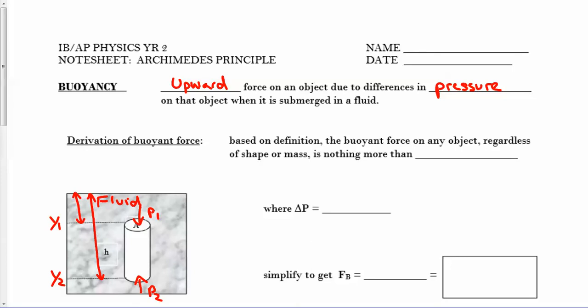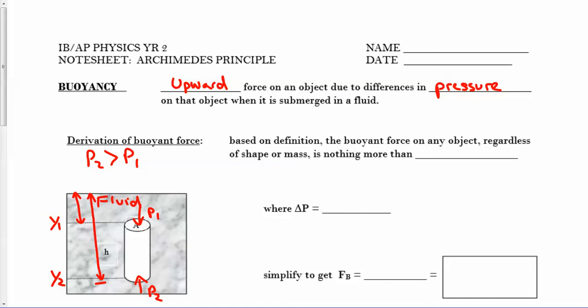Now the basis of this is that P2 has got to be greater than P1, because the surface exposed to P2 is deeper, so there's a greater depth, and therefore a greater pressure.